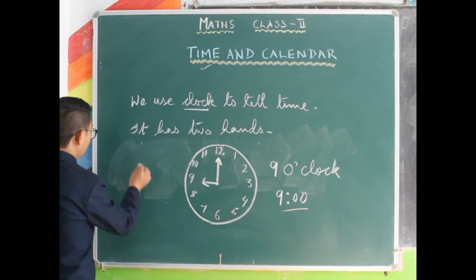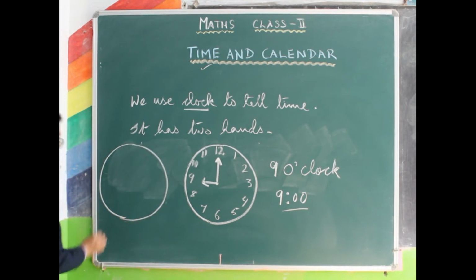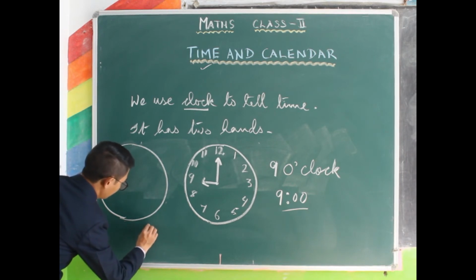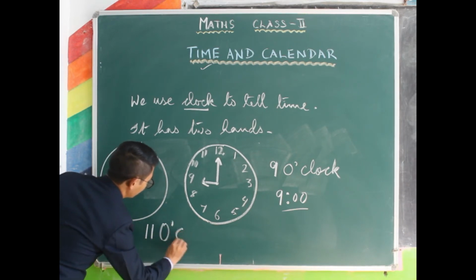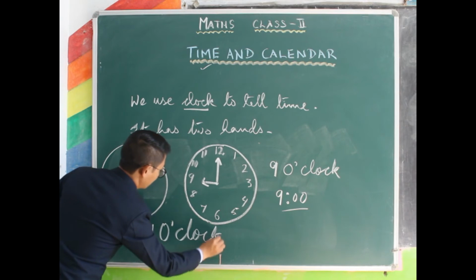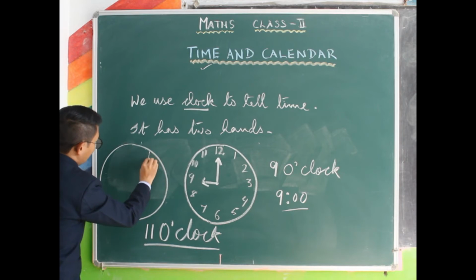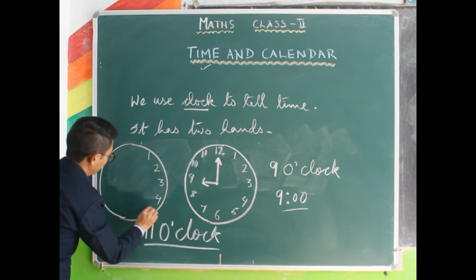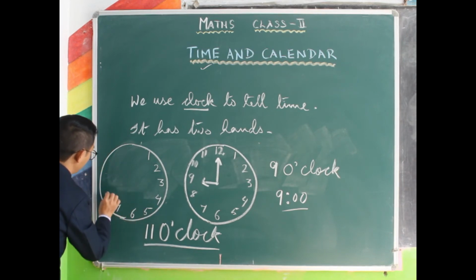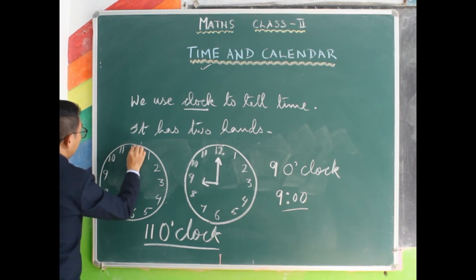Now if I draw another clock and tell you to show the hands, let us see, 11 o'clock. Now first draw the numbers. 1, 2, 3, 4, 5, 6, 7, 8, 9, 10, 11 and 12.